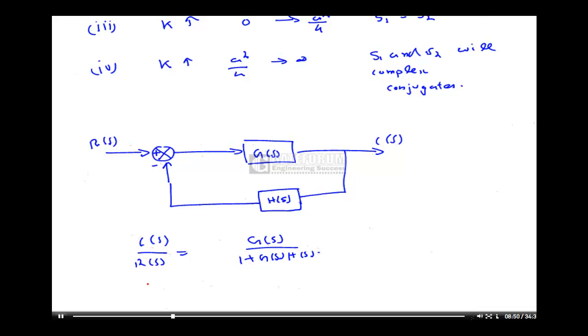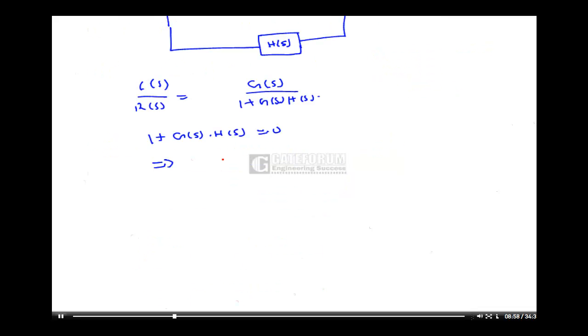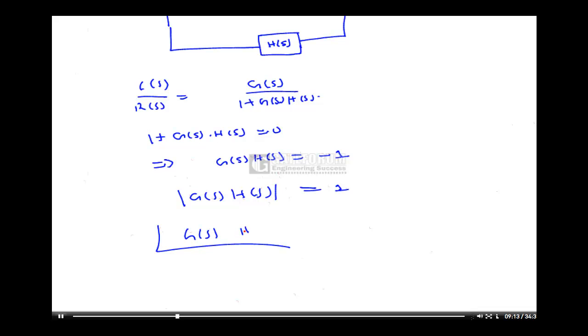Okay, so the characteristic equation is 1 plus G(s)H(s) equal to 0, which implies that G(s)H(s) equal to minus 1. So from this, the magnitude condition is that the magnitude of G(s)H(s) is 1, and the angle of G(s)H(s) will be plus minus 180 degrees, an odd multiple.